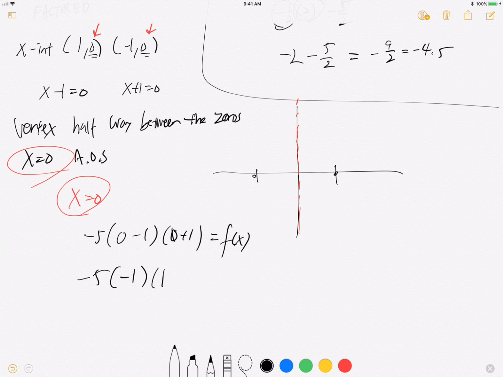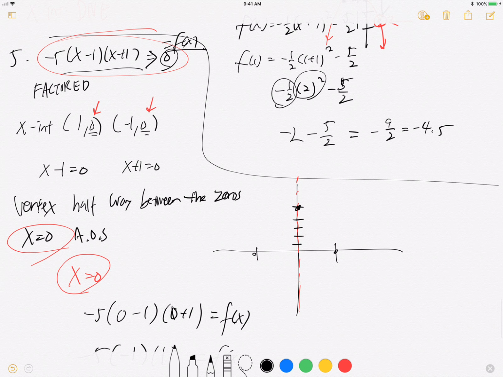Negative 5 times negative 1 times positive 1 becomes 5. So if it becomes 5, that means it's 1, 2, 3, 4, 5, so (0, 5), and then it's going to be an upside down shape like this because, look at the a value. It's negative 5, which means it's concave down, so everything seems to make sense.